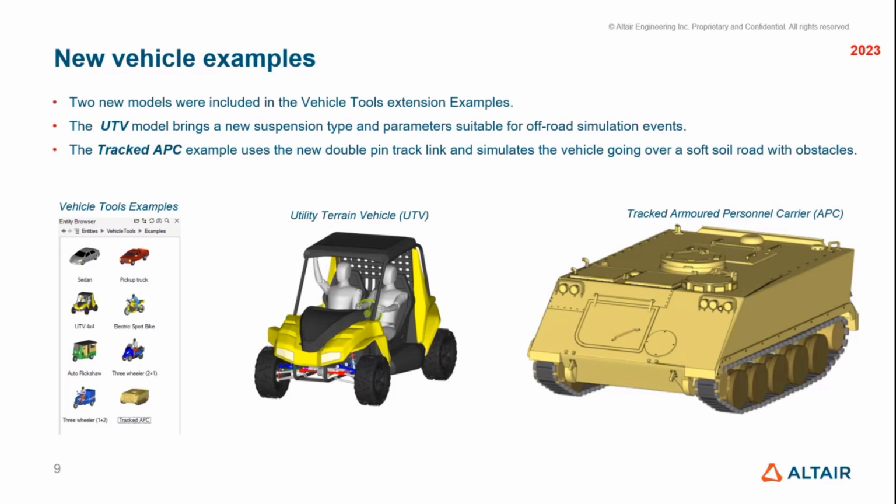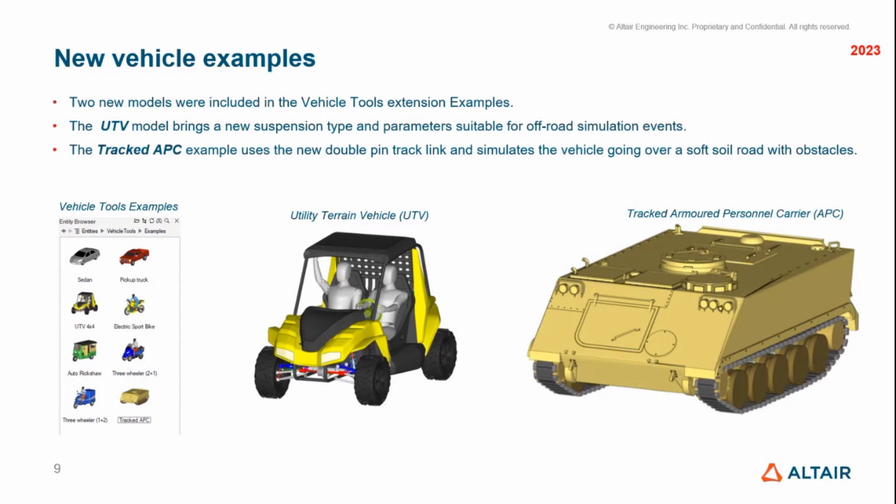One is this UTV, and the other one is this tracked armored personnel carrier vehicle, which, for the ones that recognize tank models, military vehicles, is the M113 model. We included these 2 new models to support new off-road configurations, suspensions, or in this case the track model, the new track that we have also implemented that I'm going to discuss next.